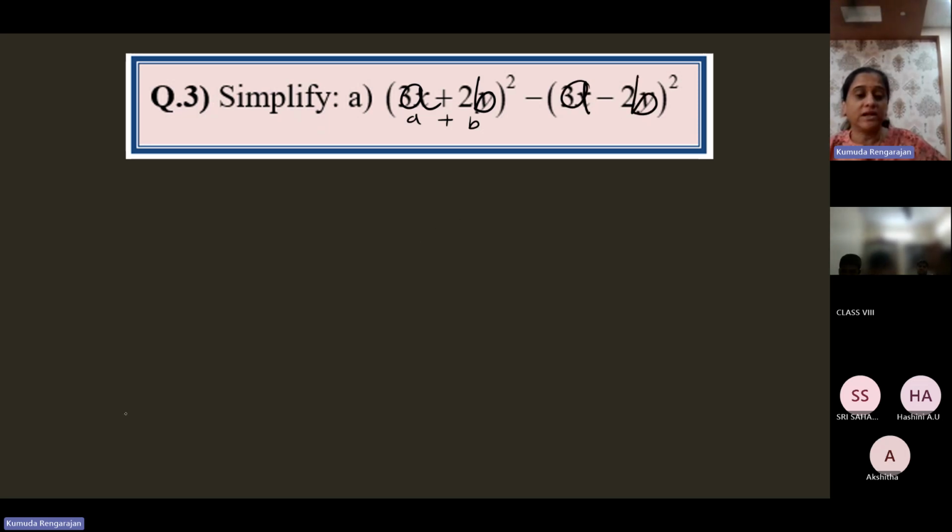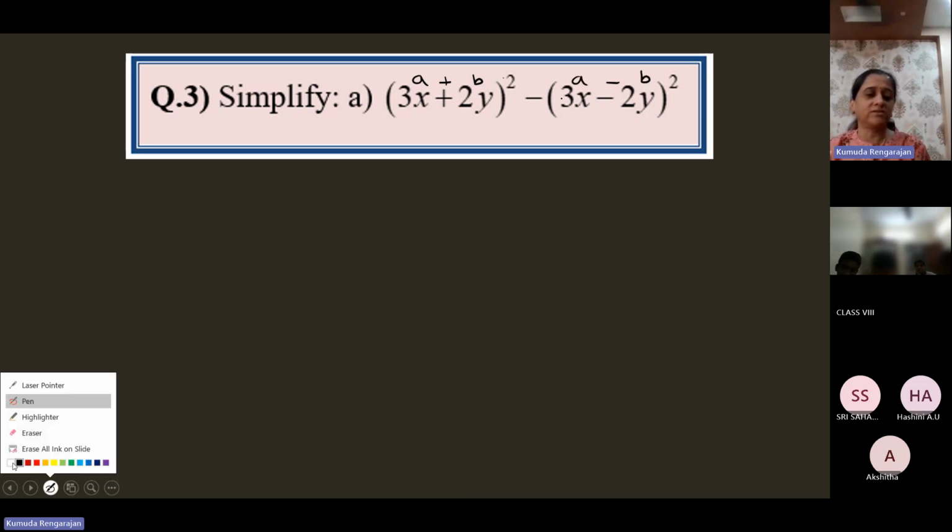You can also look at it like that. In the first method, we saw this as a squared minus b squared. In the second method, this is a plus b whole square and a minus b whole square.